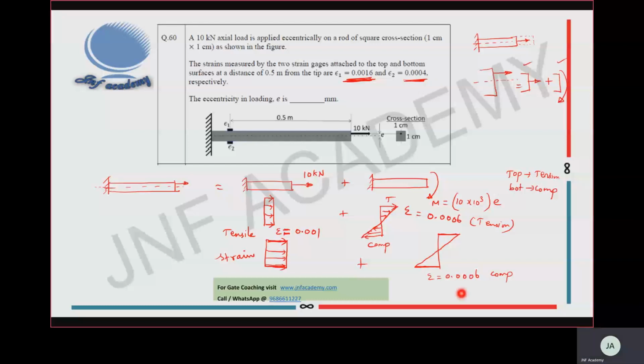From this tensile condition, I can simplify like this. Sigma is equal to E epsilon. Here I can put P by A equal to Young's modulus, which I don't know, so I am finding Young's modulus through this. 10 into 10 power 3, the cross-section area is 1 centimeter by 1 centimeter, here I'm using meter, so A is square, E into 0.001.